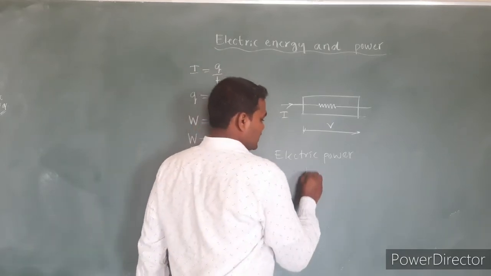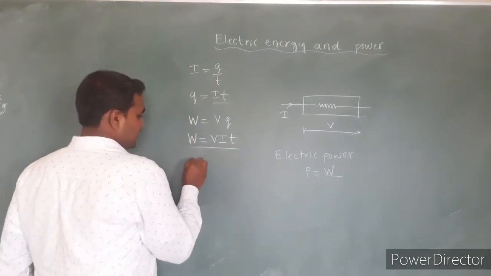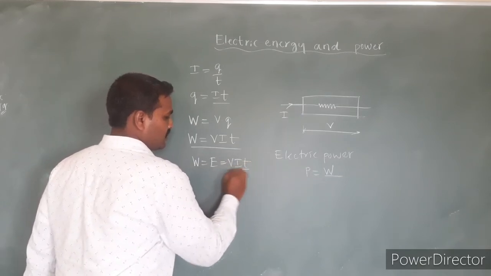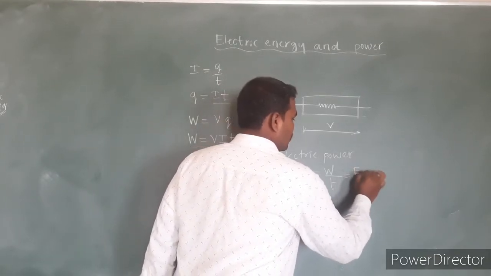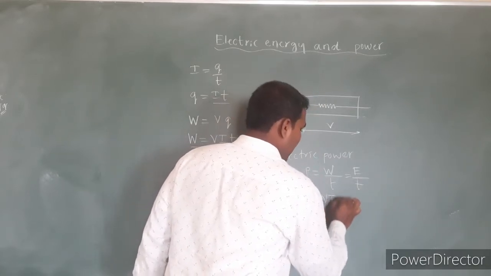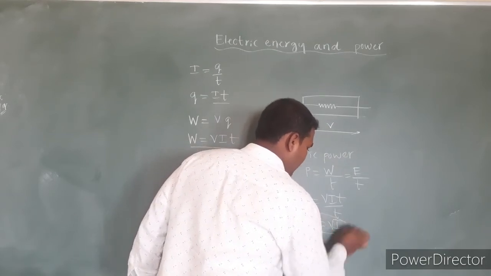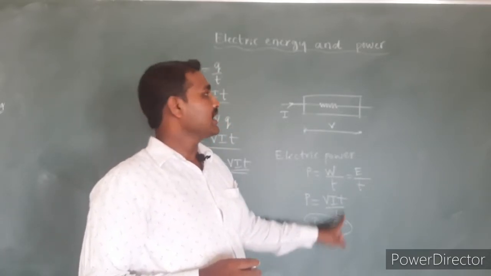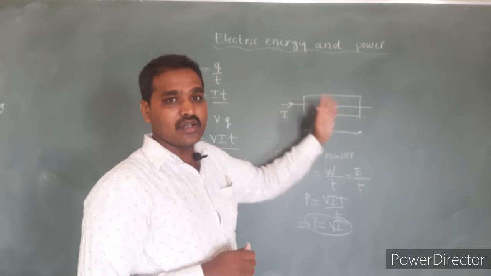By the basic definition I can write P equal to work done divided by time, and this work done is equal to the electric energy, which is VIT. So P is equal to VIT divided by T, so P equal to V into I. Electric power is simply the product of the potential difference and the current flowing through the circuit. This is the basic meaning of electric energy and power.